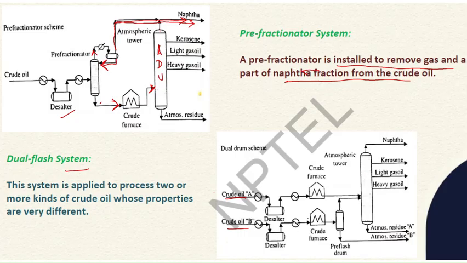Whereas crude oil B, after heating in the crude furnace, is passed into a pre-flash drum from where the lighter cuts of this crude oil are introduced in the atmospheric distillation column, whereas the heavier cuts are given off as atmospheric residue B.